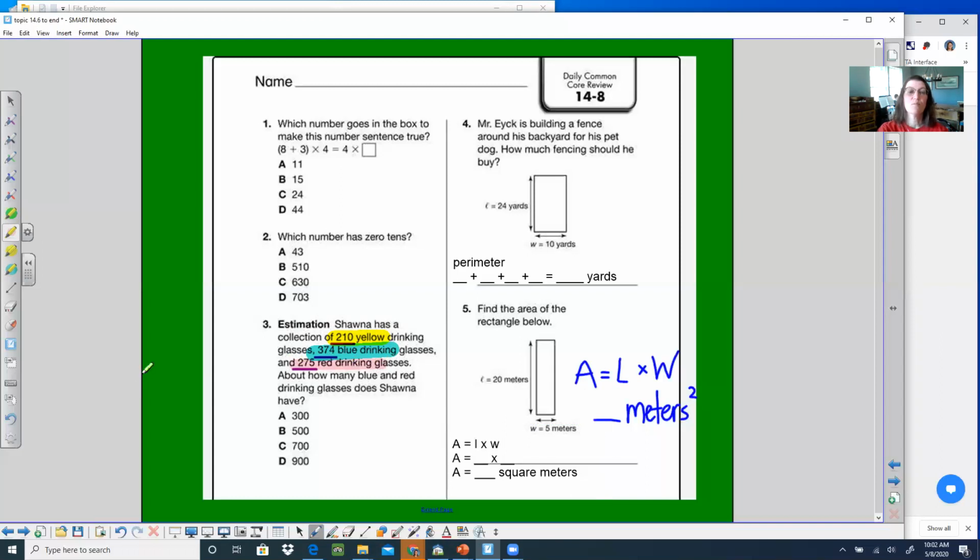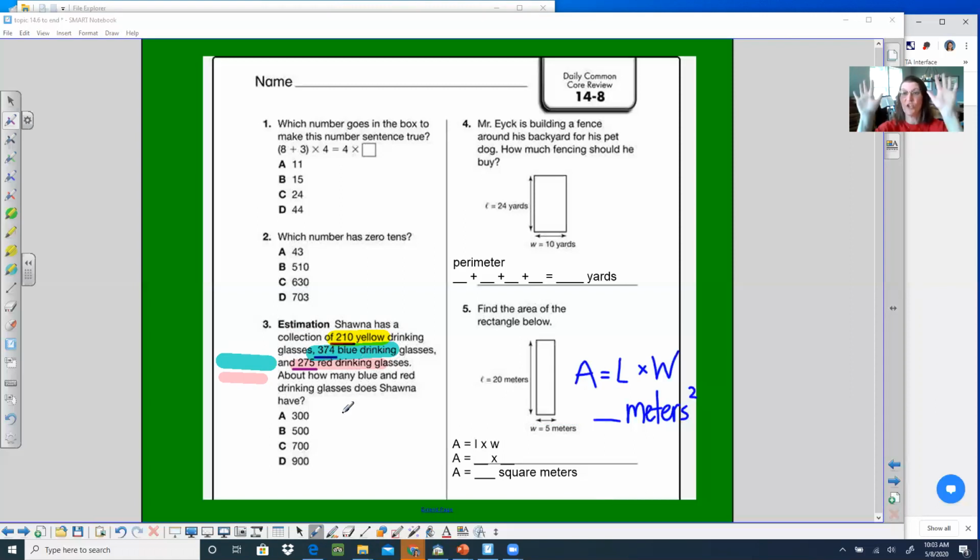About how many blue and red? So I need the red and I need the blue. Now remember, I am rounding to the hundreds place. So you are rounding 374 to the nearest hundreds place. 5 or above, give it a shove. 4 below, let it go. So there's a 7.